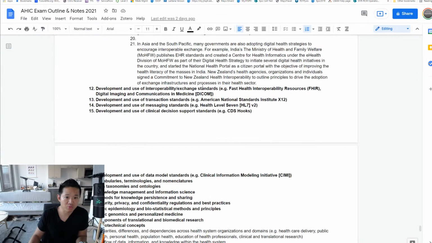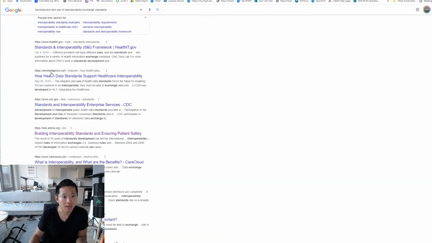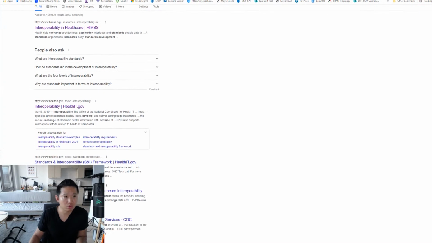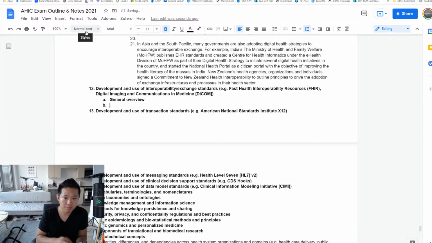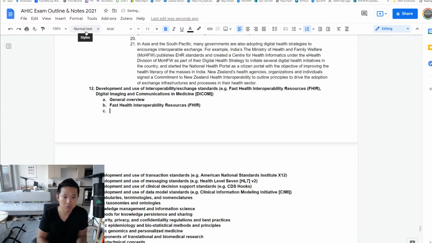Maybe I'll be a little bit more focused and just talk about these first. Like there's so many, actually, you know what? I'll do a couple things. I will do a general overview, because it's not just FHIR and DICOM, and then I'll do a targeted one for each. Interoperability resources, and then we're going to do digital imaging and communications in medicine.